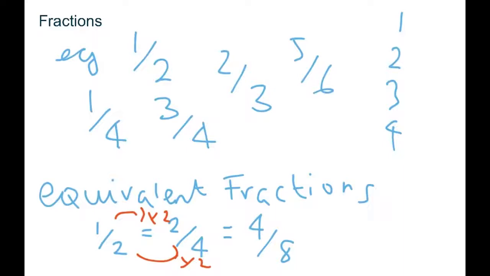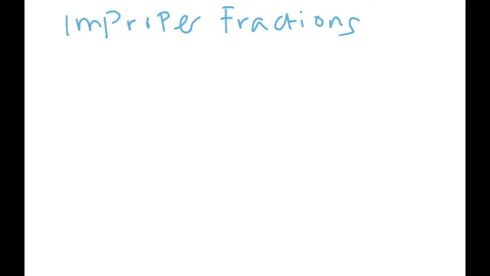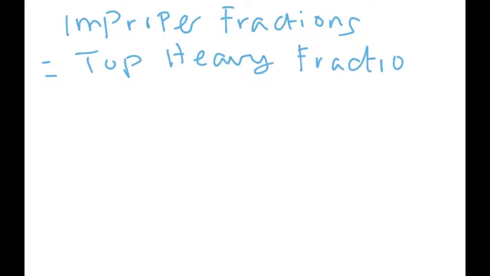Okay, so if we look at the next concept, improper fractions. So what are improper fractions? Another term for improper fractions you might have heard is top-heavy fractions. So what are these improper or top-heavy fractions? Well, again, as the name suggests, when we say top-heavy, this is where we have a fraction such as, e.g., 7 over 3.